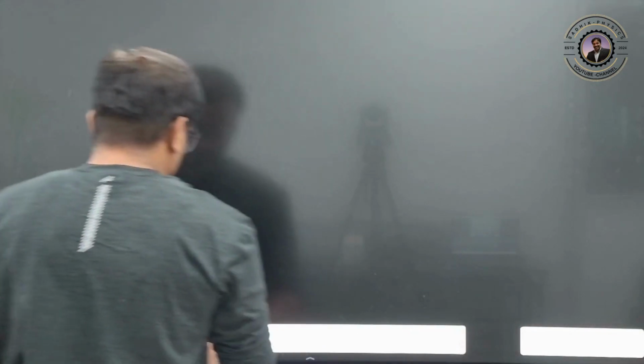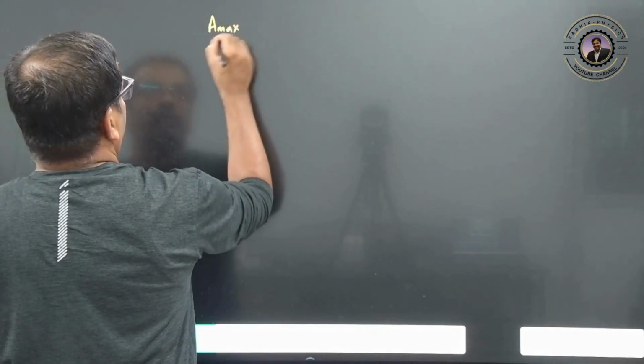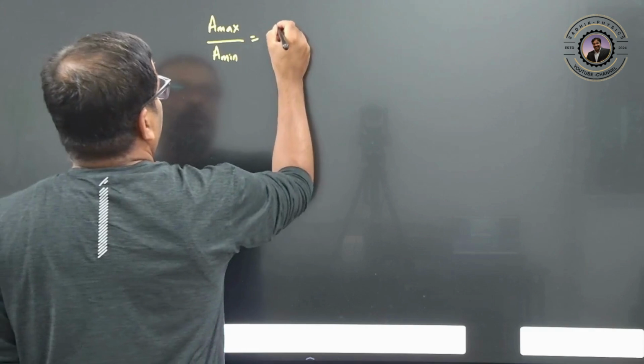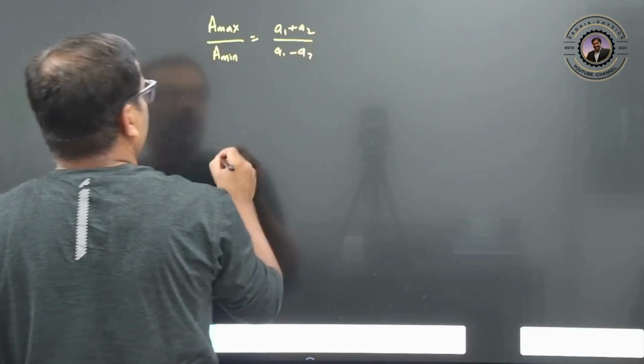So A max by A min can be written as A1 plus A2 divided by A1 minus A2. Clear?